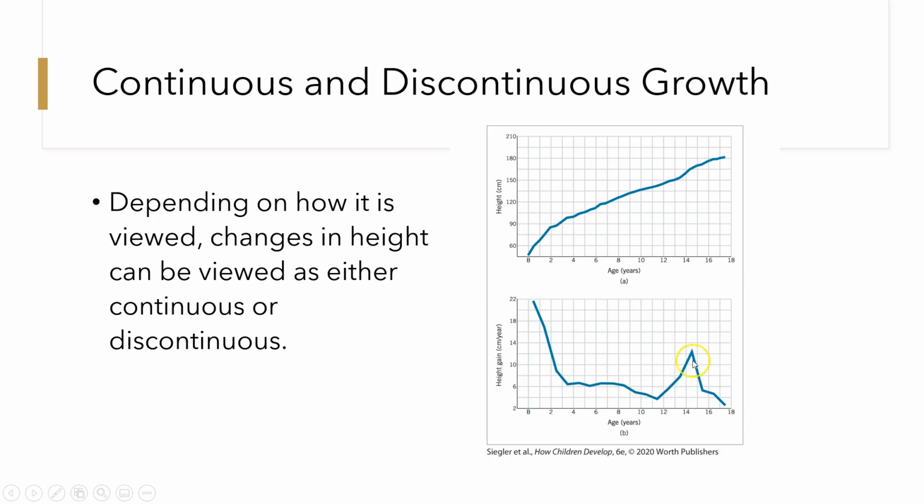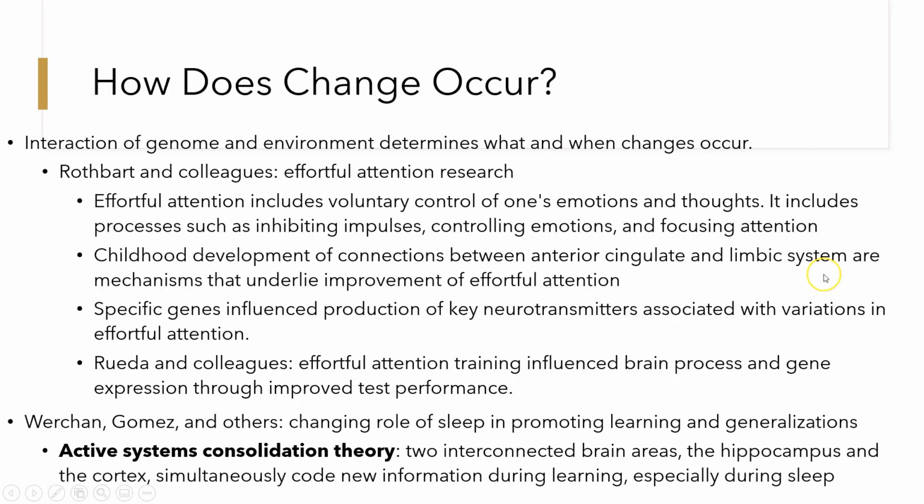And then, whoop, what happens here? You're at another stage. This is the growth spurt that happens during puberty. All of a sudden, you're starting to gain height very dramatically again, and then it decreases again. So this looks more like distinct stages, discontinuous, whereas if you look at height growth this way, it looks more continuous. So something interesting to think about as we go through the class. How does change occur?